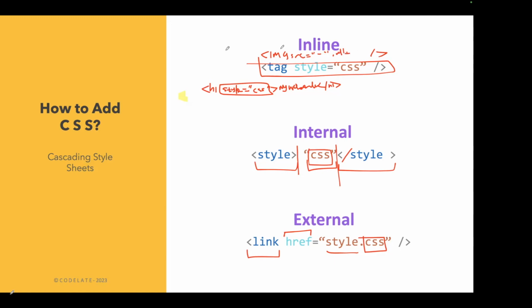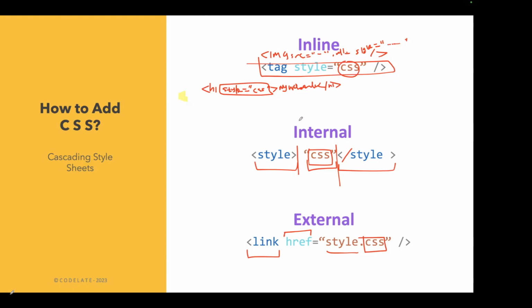Then you want to style that image inline. You are going to add another attribute called style, and then you write inverted commas and define all your style in here. The style is not the word CSS. This is just an indication that all your CSS code goes in between these two quotes. Don't worry, we'll do examples.